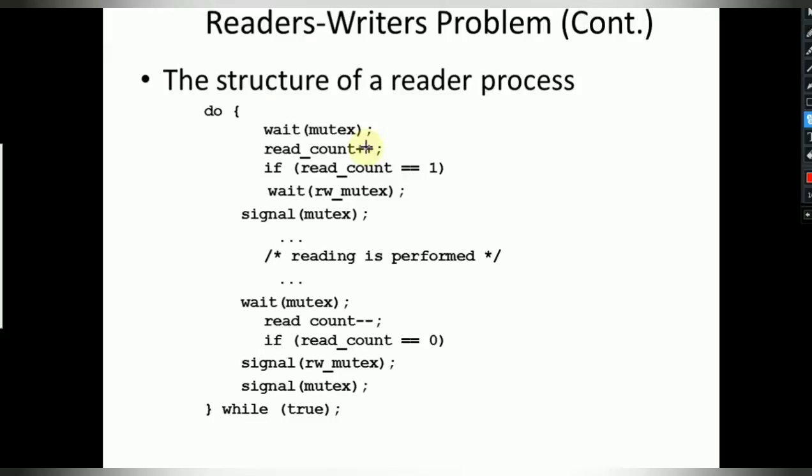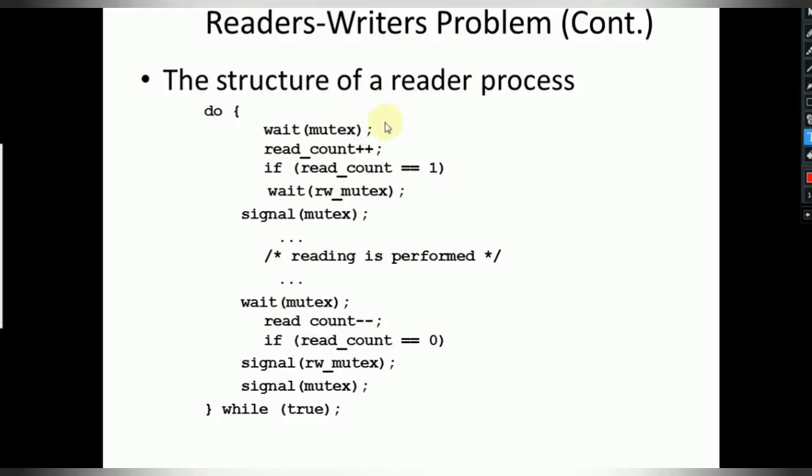As we discussed earlier, in the case of reader processes, there can be many reader processes simultaneously running on the shared data. That is, if more than one reader process is trying to access the shared data, it can be allowed because it is not manipulating the shared data.